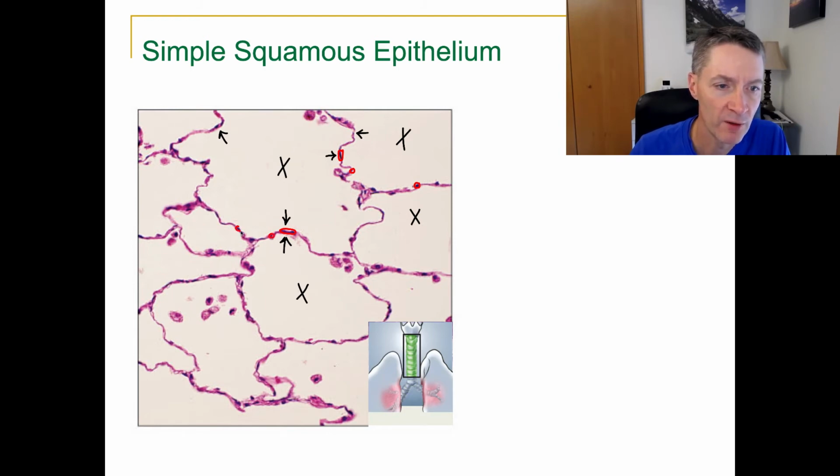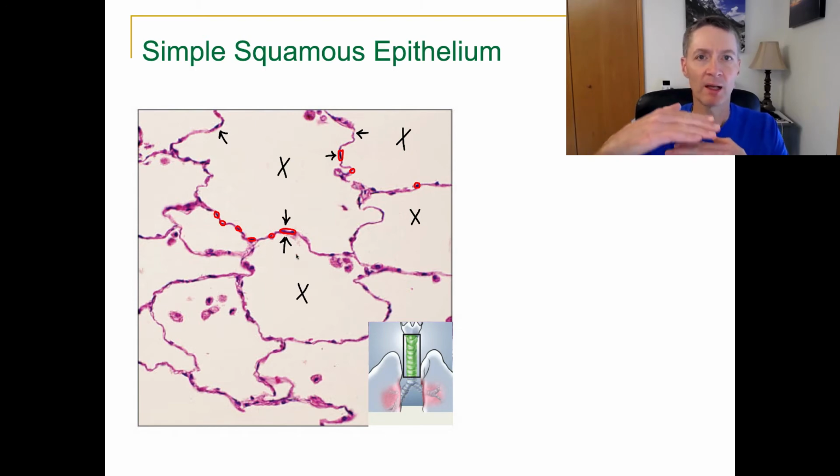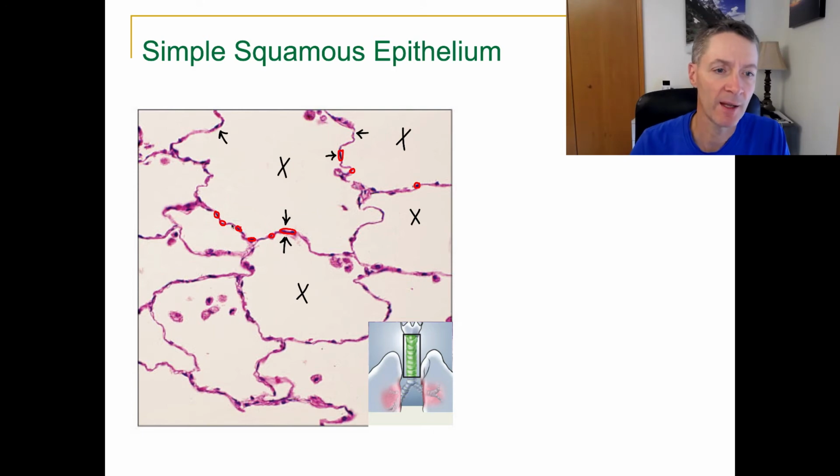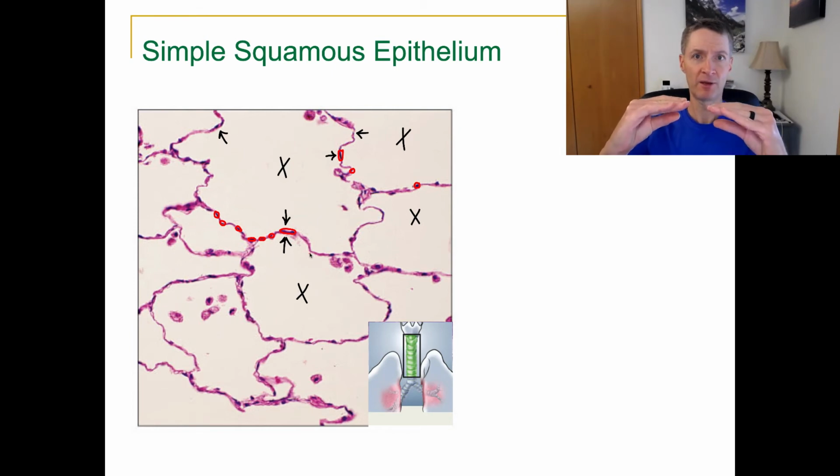Some of them are easier to see than others. Here are some nuclei in a row. You kind of have to look really hard, but they're there. And it does not seem like they're piled on top of one another. It seems like these are in one row, simple. And it seems like these are really thin cells too, which means they're fried egg thin cells, right?